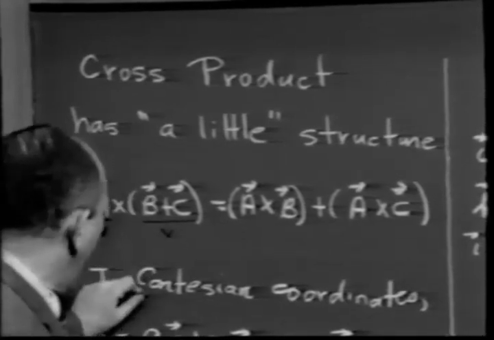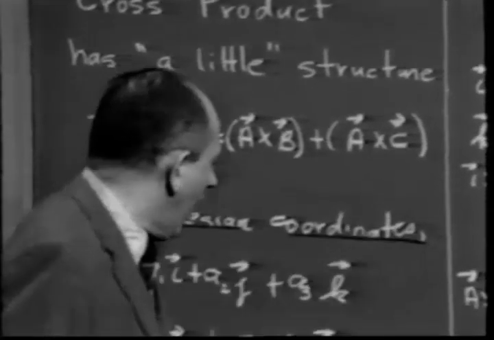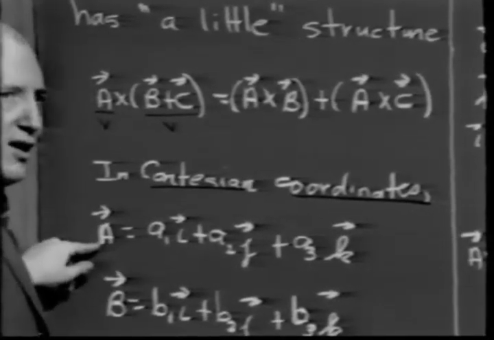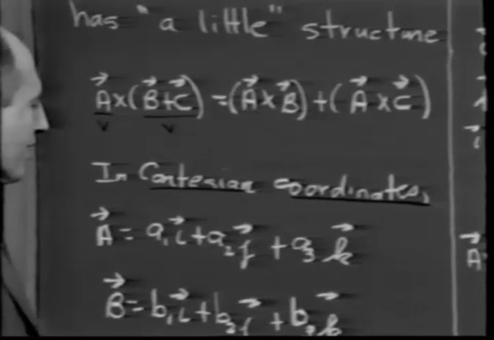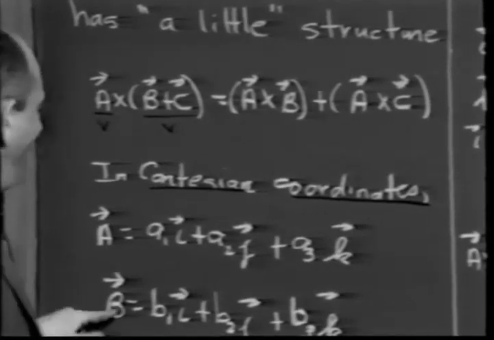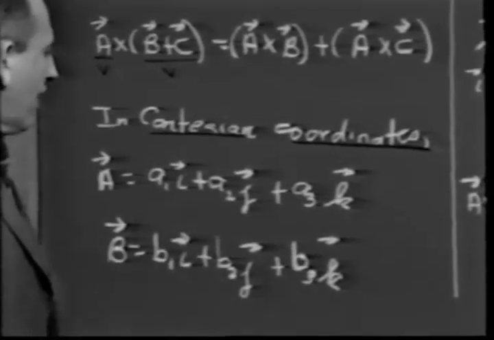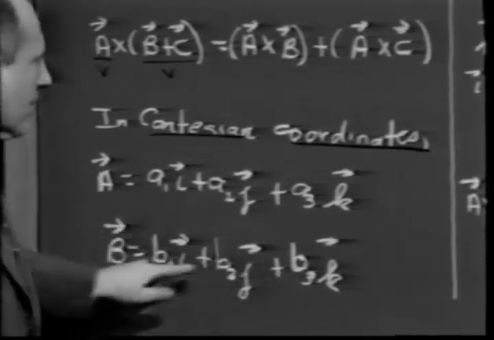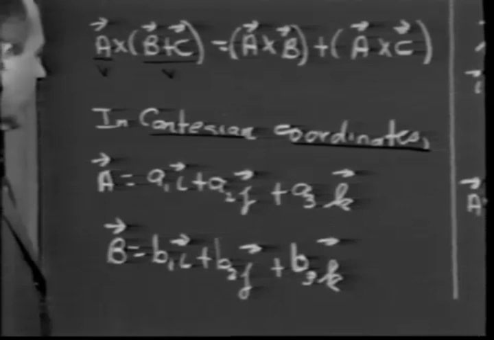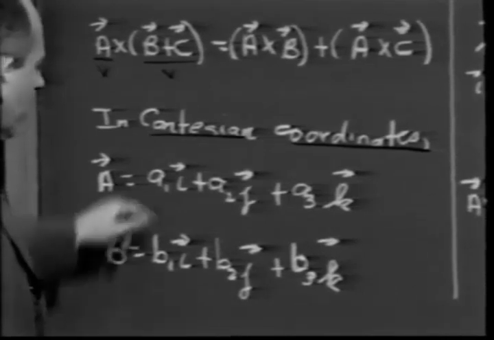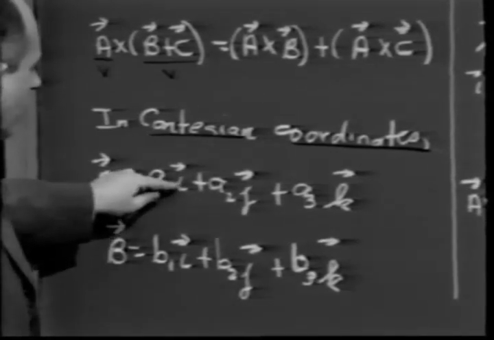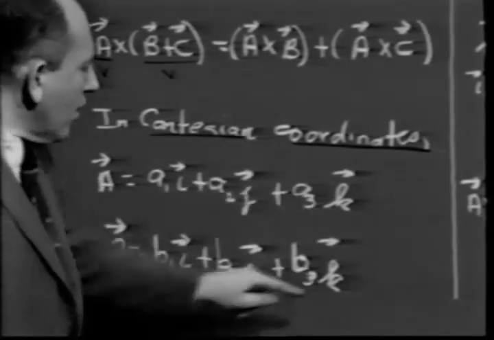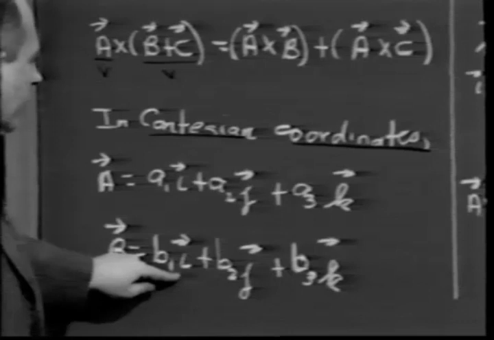Again, as usual, Cartesian coordinates have a lot to offer us. If we switch to Cartesian coordinates, again, as usual, writing A as A1 i plus A2 j plus A3 k, and B as B1 i plus B2 j plus B3 k, and multiplying term by term, we observe a rather interesting situation. Notice things like this. When you cross i with i, j with j, and k with k, you're always going to get the 0 vector.